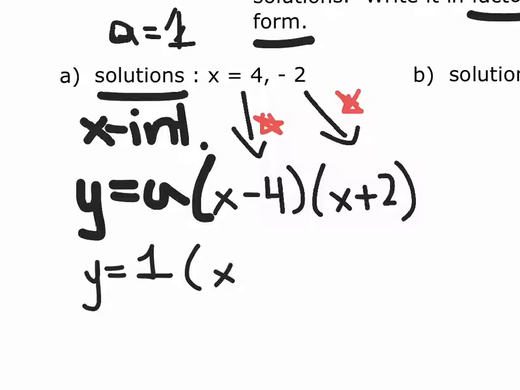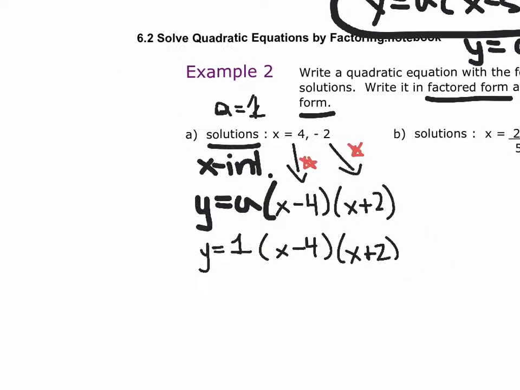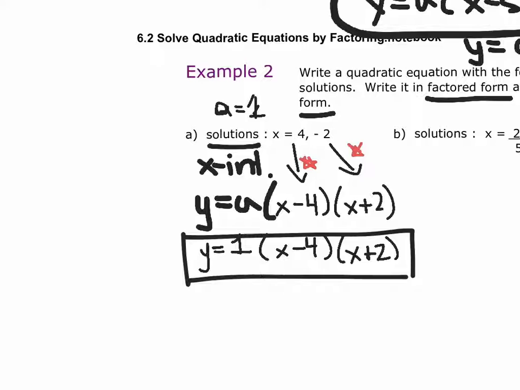To convert it to standard form, because this is factored form, you're just going to FOIL. So we get y equals, and because it's 1, you can leave the 1 on the outside if it helps you, but you don't really have to use it.